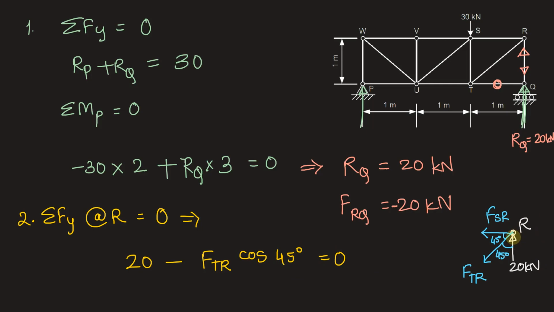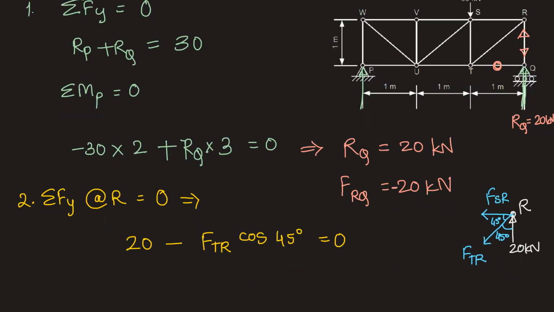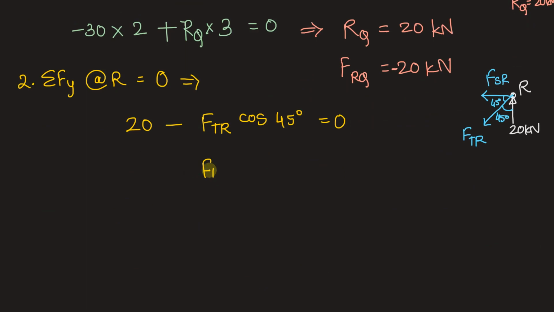There is no other force at joint R which has any vertical component. So this is our equation. We can find FTR using this. FTR is equal to 20 by cos 45, so we have 20 by 1 by root 2, which is nothing but 20 root 2. This has come out to be positive, so the direction that we assumed is correct, and the magnitude is 20 root 2 kilonewton.